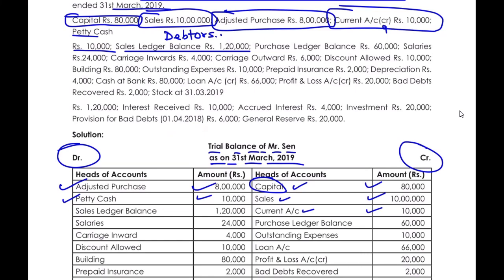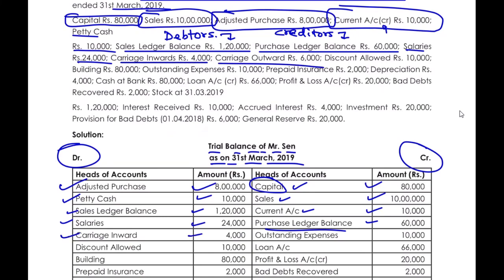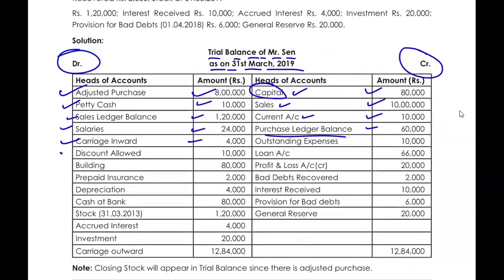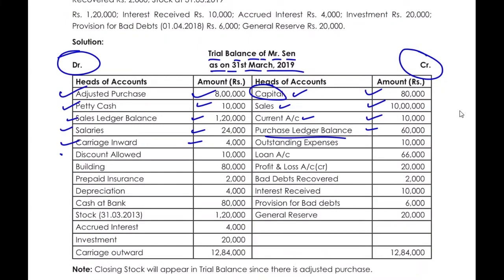In the same way, if you have a purchase ledger balance, these are all my creditors, and 60,000 will come under my liabilities as the purchase ledger balance. Then we have salaries 24,000, that is an expense. Carriage inwards 4,000, that is also an expense. Carriage outward expense, that would be 6,000. I think they have missed it.